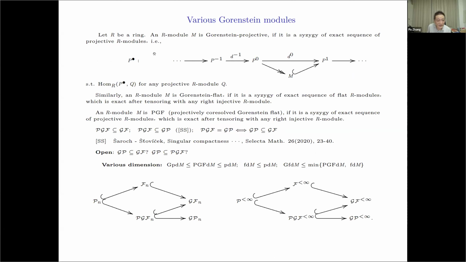So we recall that a module M is Gorenstein projective if it is a kernel of a map in a double infinite exact sequence of projective modules, such that after applying the Hom functor, Hom(-, Q) for any projective module Q, it is still exact.